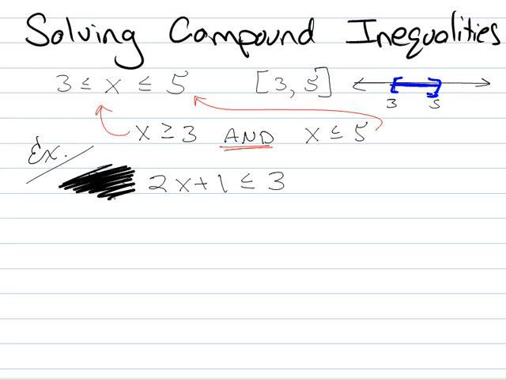If I covered that part up, what would I do to what was remaining? I'd subtract 1 from both sides. So you're going to subtract 1 from all 3 sides.